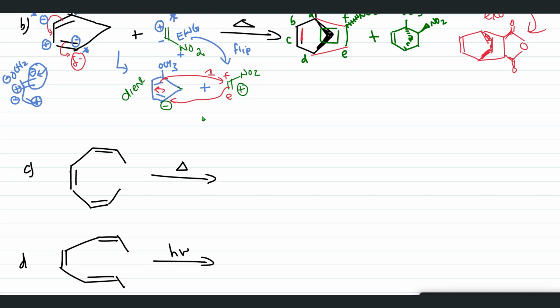If you want, you can write your own CH3, but that's not going to be given in the test. This pi electron thermal one is this. So hold on, keep stereochemistry.